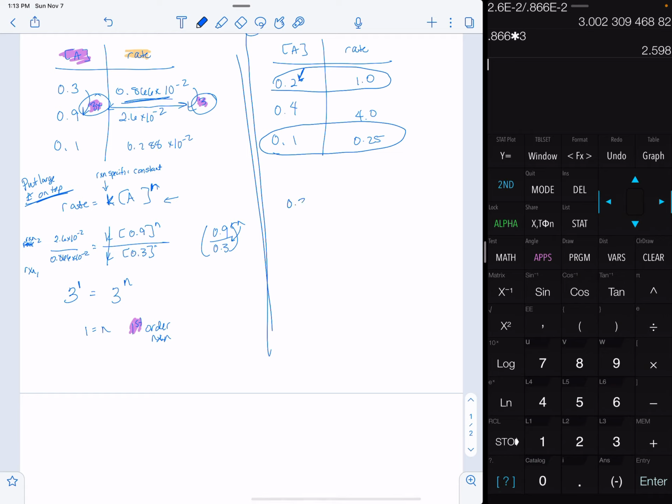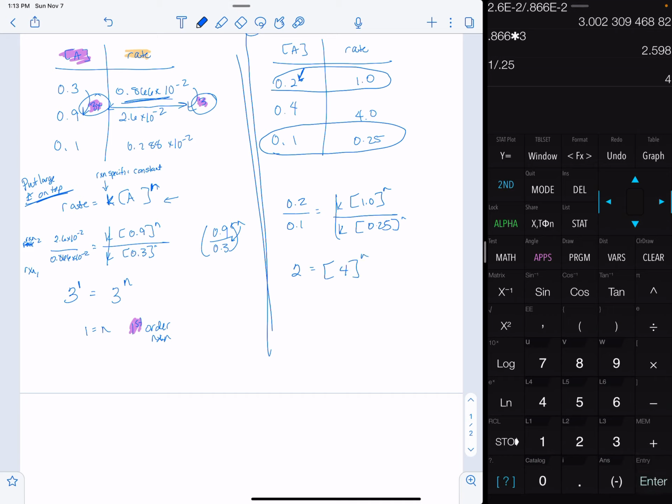So in this case, the rate is 0.2 over 0.1 equals, there's a K and a K, and then my 0.2 rate is 1, and my 0.1 rate is 0.25. Notice that these are both raised to n. My K's cancel out. You can probably see that I have 2 to the n. Now 1 divided by 0.25 is 4.